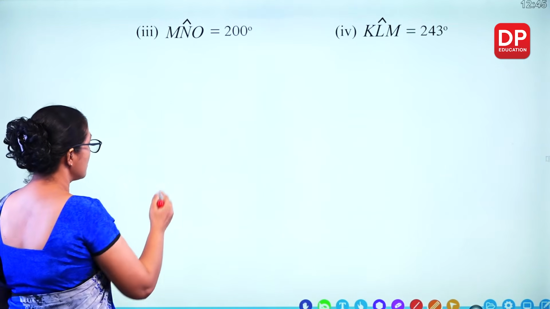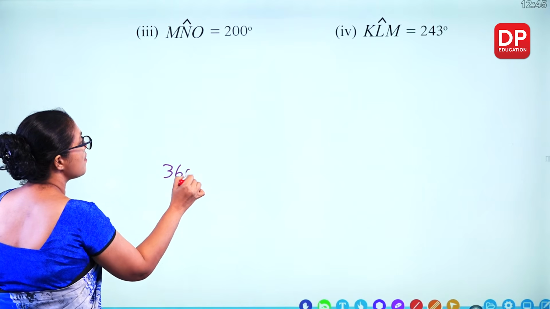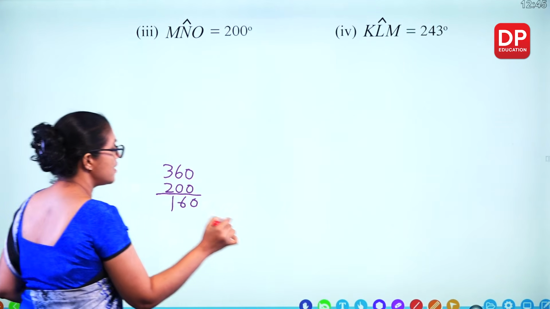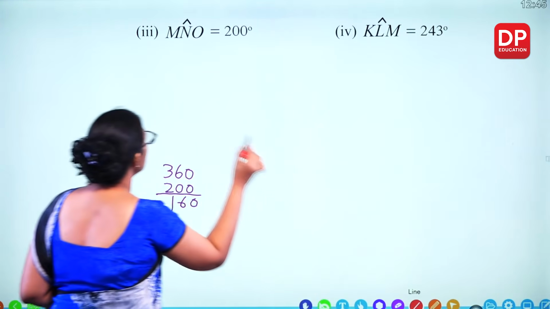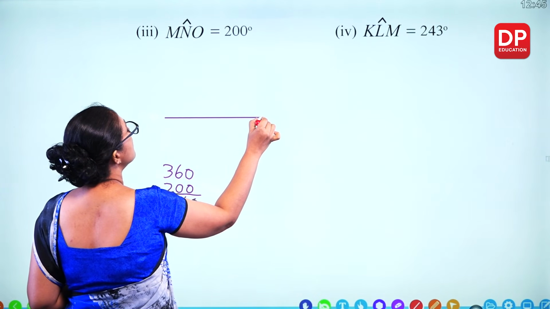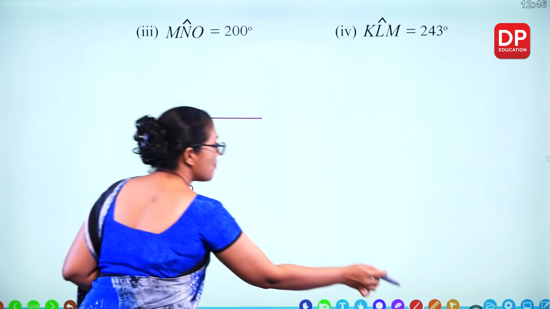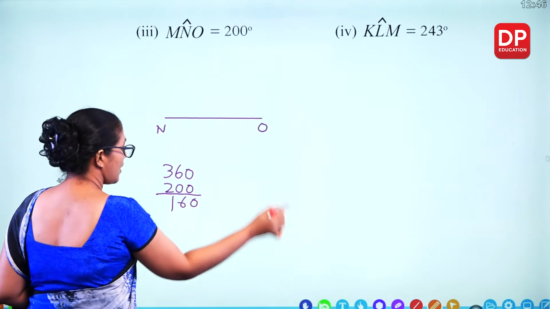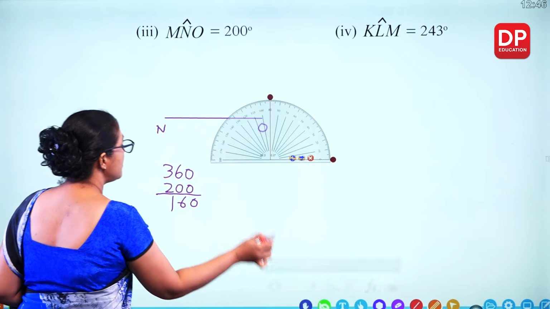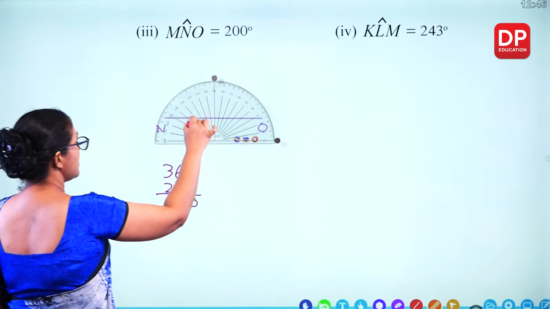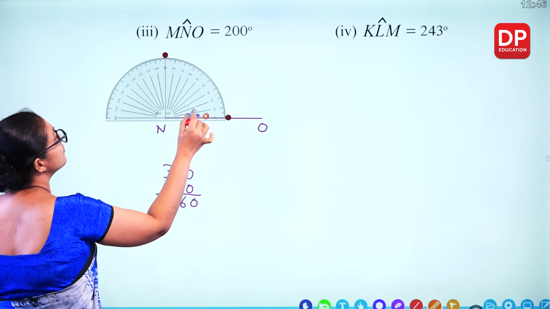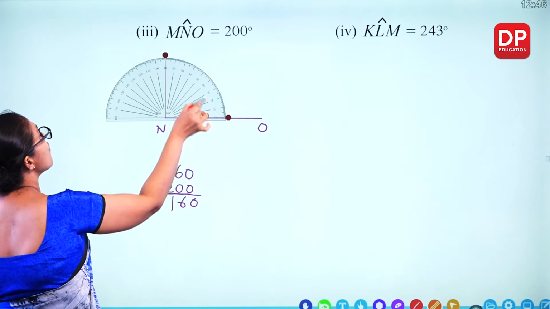200. 360 minus 200 first. So 160 degrees. So take the ruler and mark the point N and measure 160 degrees. 160 from here.